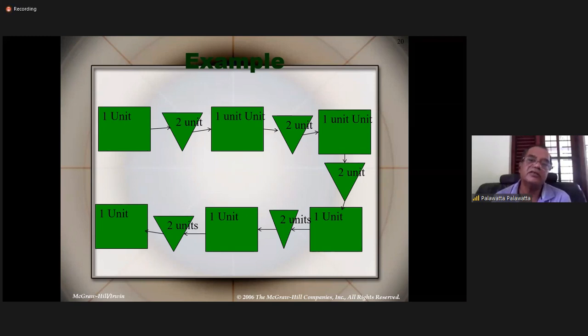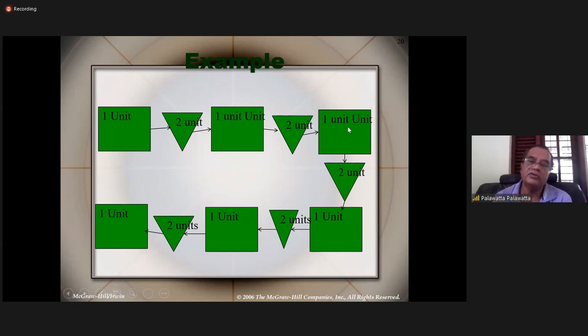Let's say a unit is in production, and once it is completed, it goes to the buffer area. Then the next in line out of the 2 units will be taken into production.